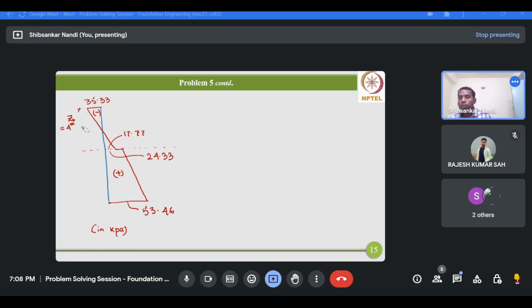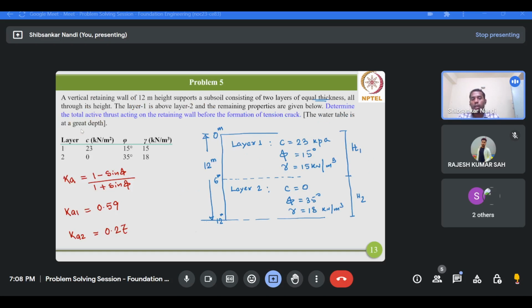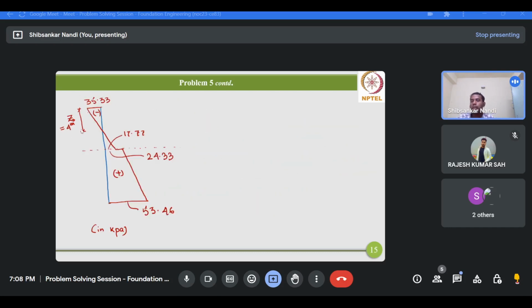So in this way, we can complete the active earth pressure distribution behind the wall. Please note that in this problem we didn't encounter any water table. Wherever you have a water table inside the backfill, you will also calculate the active earth pressure at that level. Otherwise, just at the top, bottom and at the interface, it will give you a tentative distribution, because we know at the top it's a minus value 35.33, at the interface for layer 1 it's 17.77, and for layer 2 it's 24.33, and at the bottom 53.46.